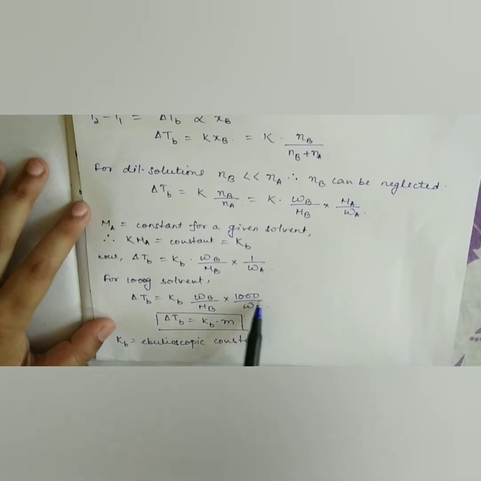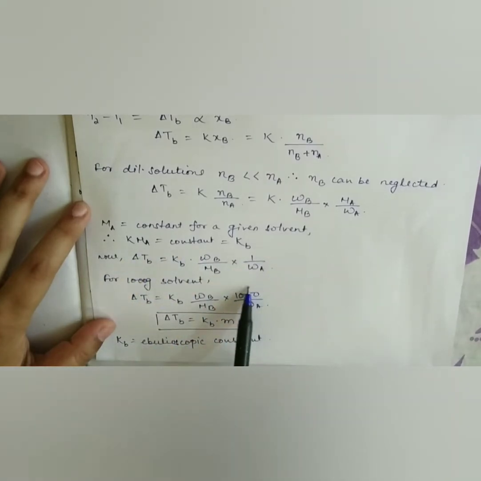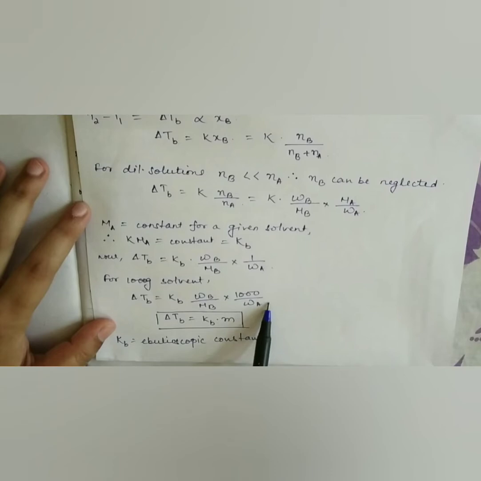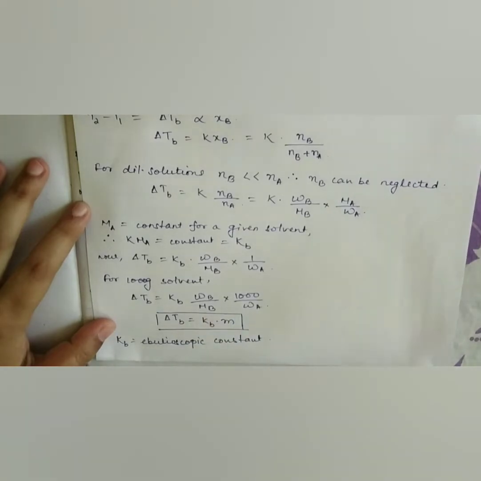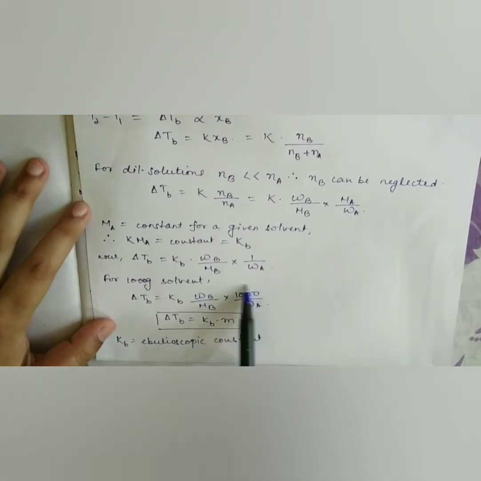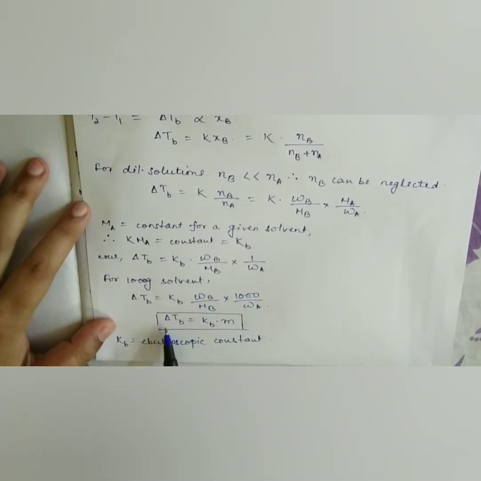For 1 gram it is this equation, and for 1000 grams you can simply multiply this equation with 1000. If you see closely, this is the equation for molality. In our previous classes, we have seen the equation for molality, so you can match it from there. So we can simply write delta TB is equal to Kb into m.